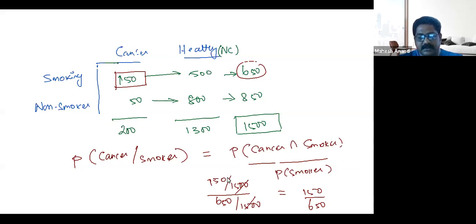So if any person is reporting a smoking habit, what is the chance that he is likely to have cancer based on this historical data? Maybe this historical data pertains to a particular clinic in a particular geographical location.